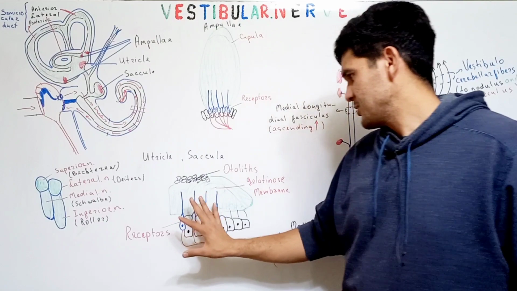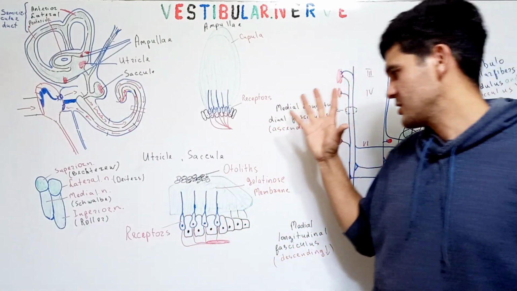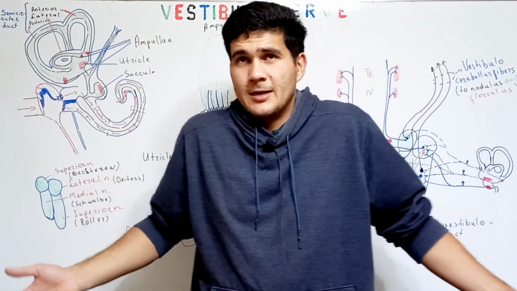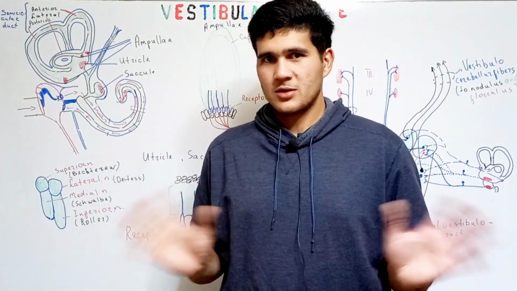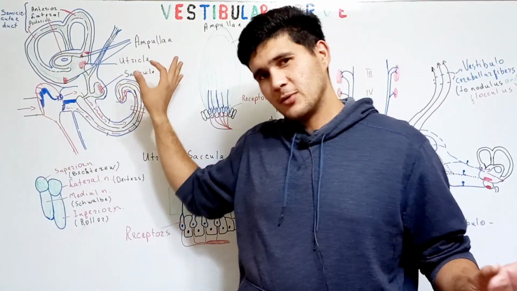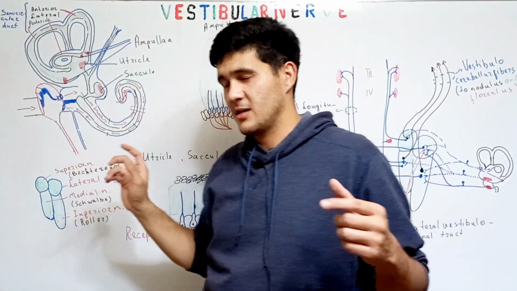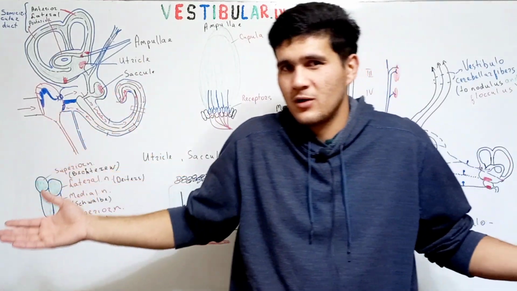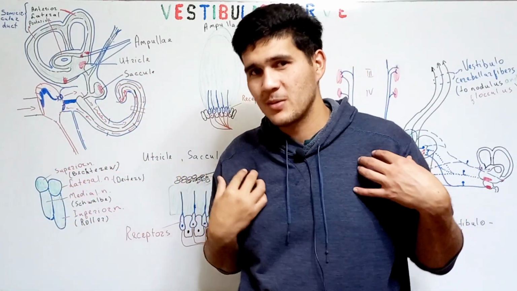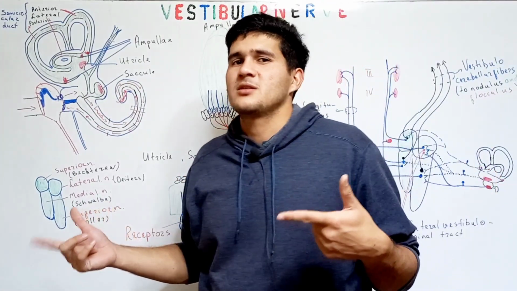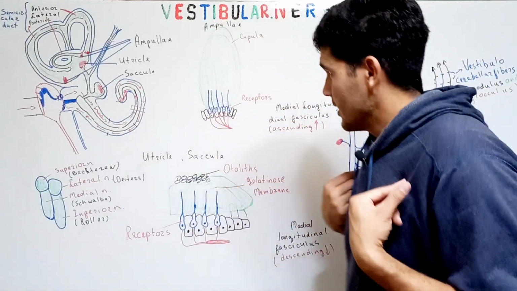The receptors generate action potentials and send to the brain information about our static position, okay, not dynamic. The receptors that are located in the ampulla have the main function of conducting and sending the information about our movement, our dynamic position, but the function of the utricle and saccule is sending the information about our static position, okay?